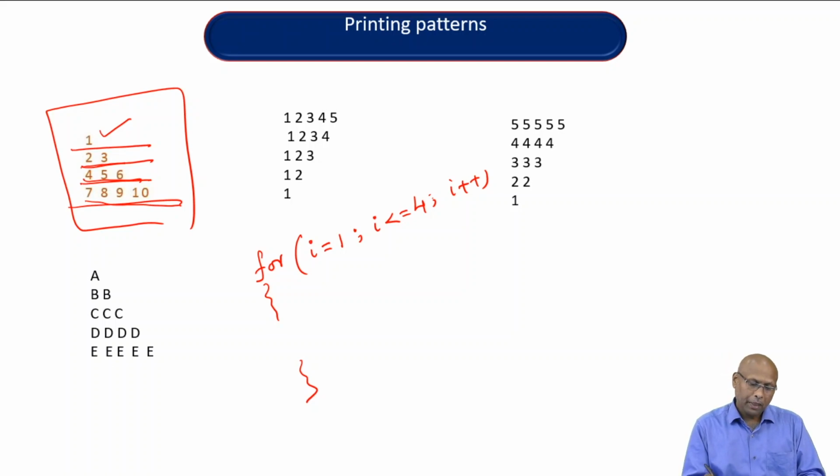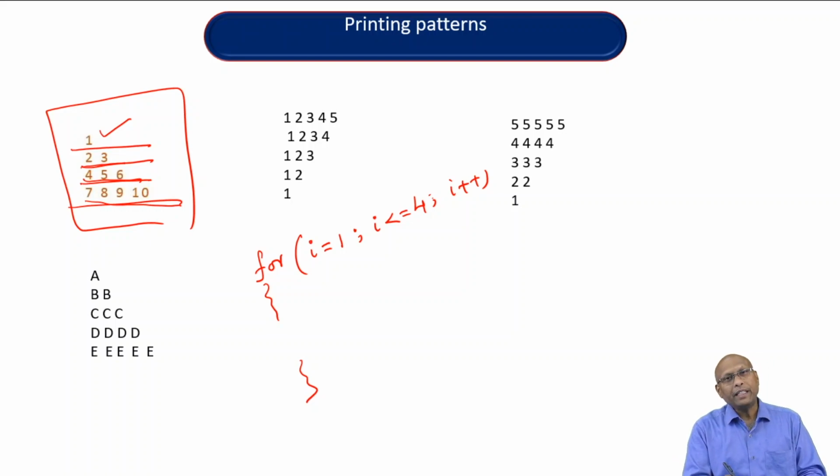Fine. But every time, only one number you have to maintain. First 1, then 2, 3, then 4, 5, 6, then 7, 8, 9, 10. That means I should maintain a single number. That number has to print every time.